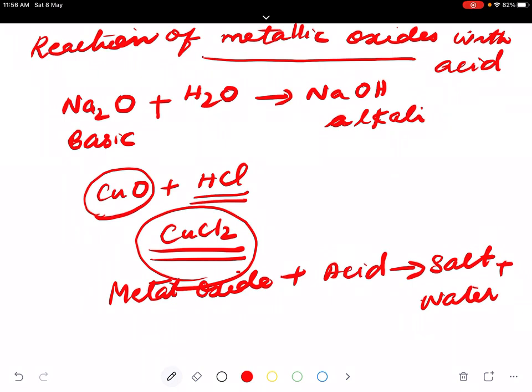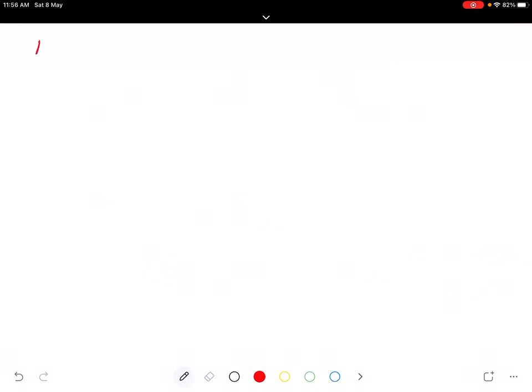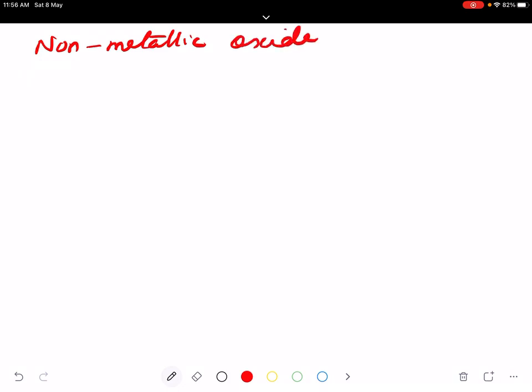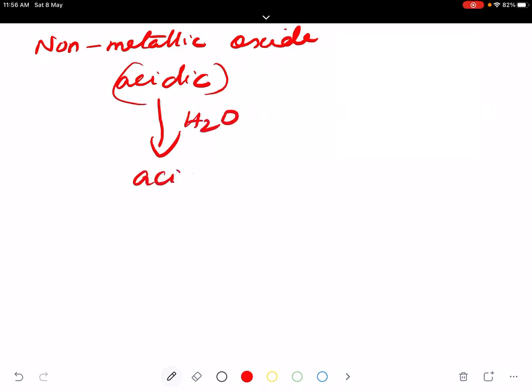What about the non-metallic oxide? Non-metallic oxides are acidic in nature, means when they are dissolved in water you will be getting an acid. Non-metallic oxides are acidic in nature, so this acid, you react with a base.